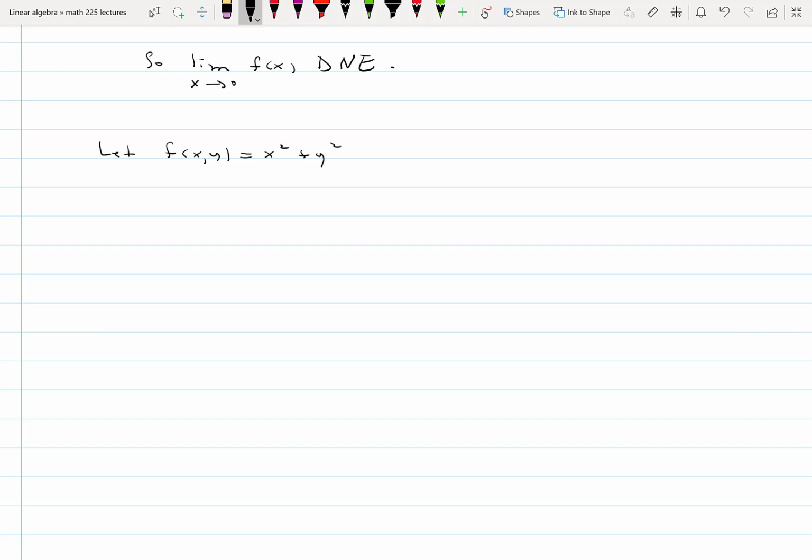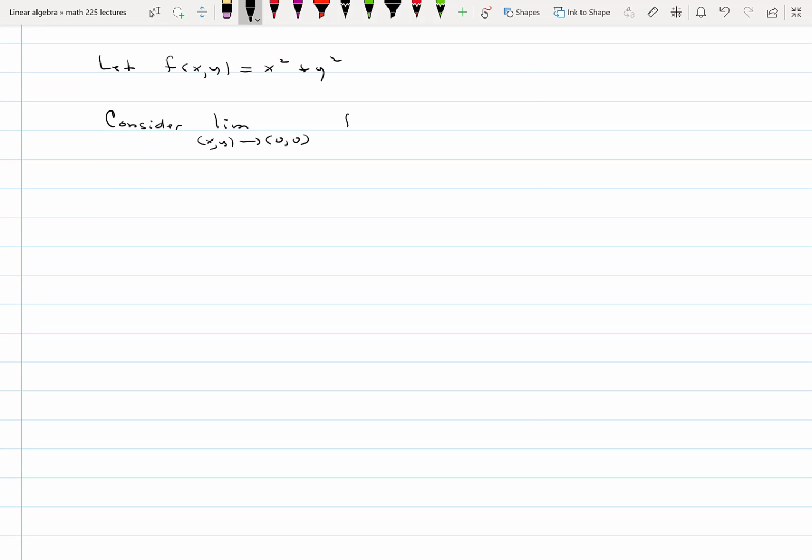And I want to consider the limit as x and y approach 0 and 0, so as (x, y) approaches the origin. In this case, the variables x and y are approaching something. I want to consider the limit of the function as the point (x, y) approaches the origin.